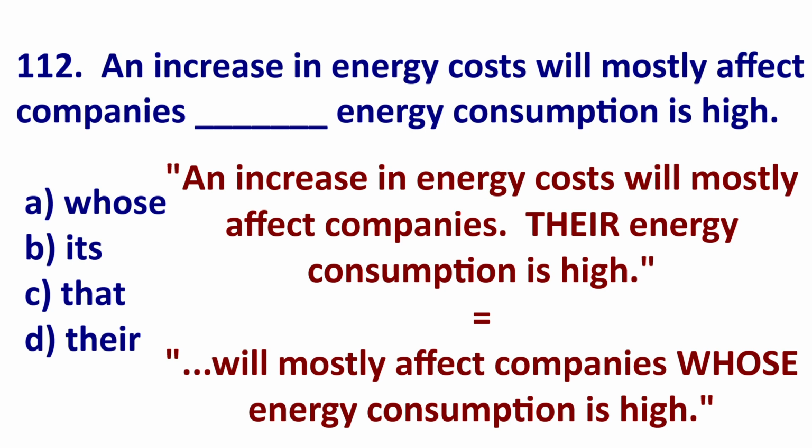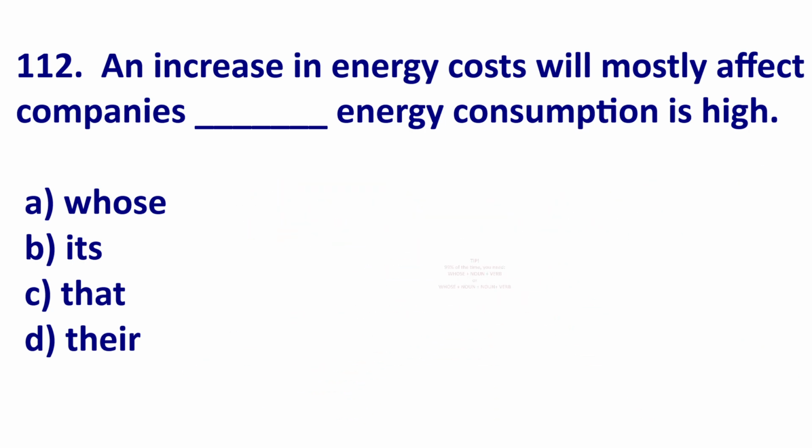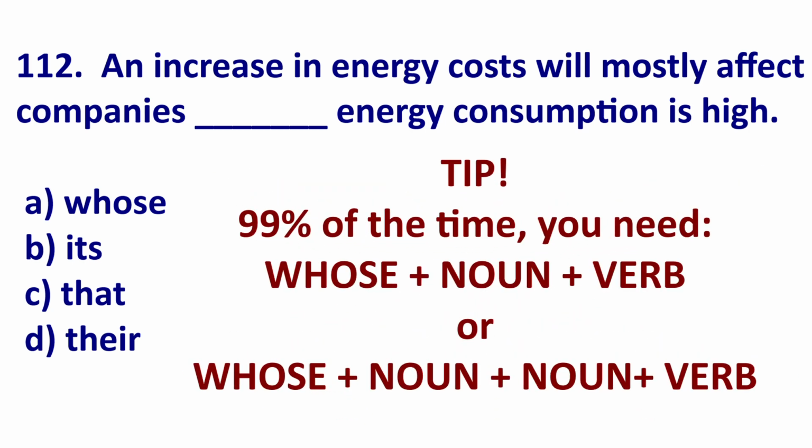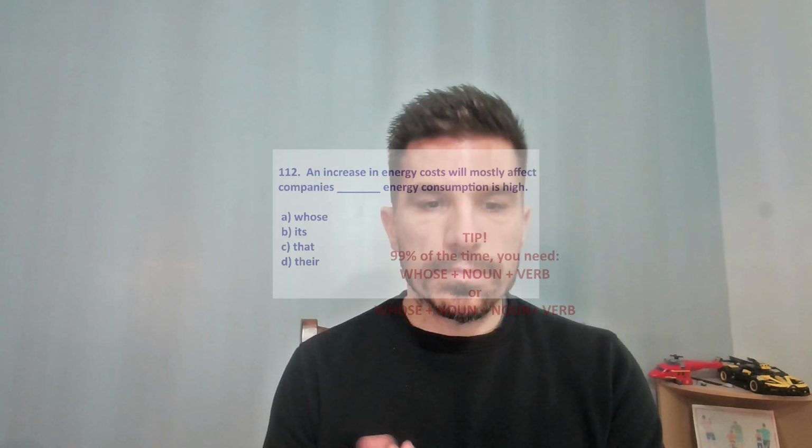Their energy consumption is high. So whose? Whose is describing the companies. It is a possessive adjective in an adjective clause. Now, a little tip, it is 99% wrong to use whose plus verb. You will need whose noun plus verb.